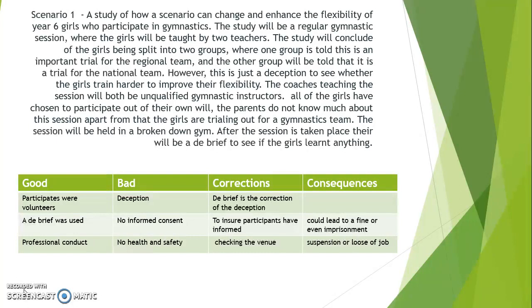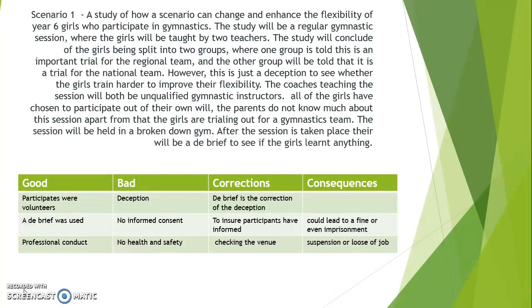The corrections that can be made to these bad errors in this scenario are, for example, the debrief was made, which is a very good improvement, which is essential when there is deception involved. Also, when there is no informed consent, you must ensure that participants have informed consent.